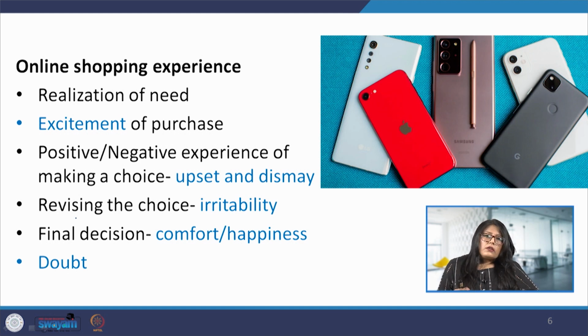The first step in this whole process is when we realize that there is a need for a particular product that we want to purchase. Once we realize that need, the next step is often that we are excited because we envision holding that product and using it in the near future. So that gives us a positive emotion.